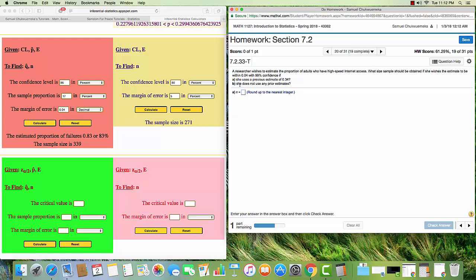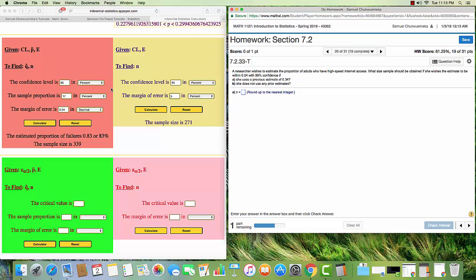Whenever you see within, that's the margin of error. Within 0.04 with 99% confidence, if A, she uses a previous estimate of 0.34, B, she does not use any prior estimates.